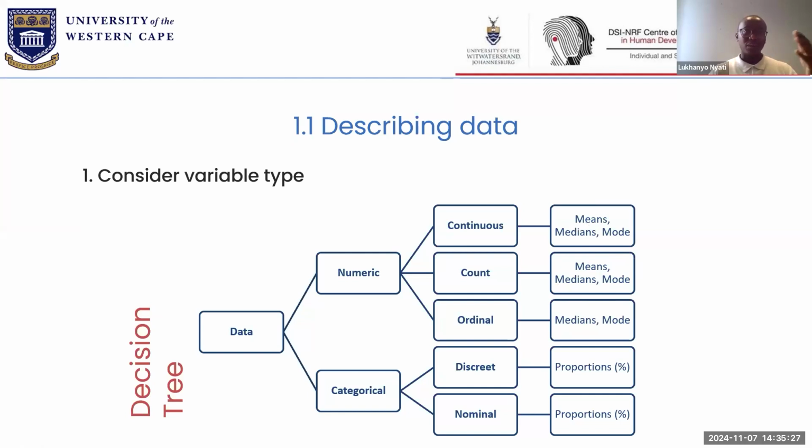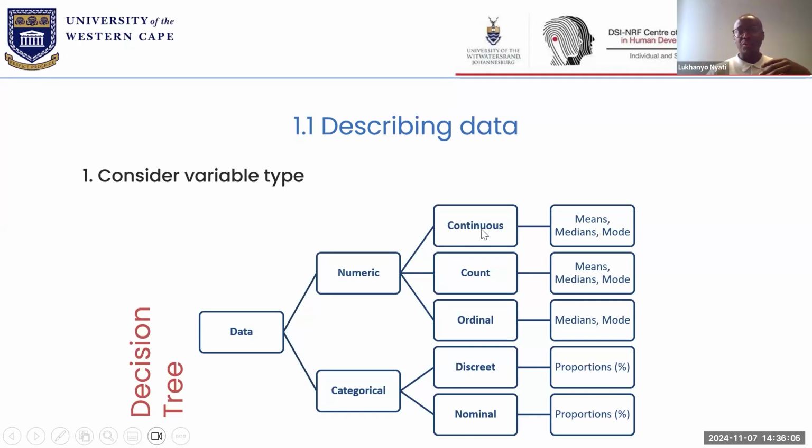Somebody will say, I was diagnosed with diabetes, I was diagnosed with hypertension, and I was also diagnosed with some cardiovascular disease, some cardiac disease. And so you've got 3 different types of disease. So my disease count in that particular case would be 3 because I've got 3 different conditions. Somebody else may have 1 or 0 or 2, and so on. Right. And those can be analyzed, or summarized rather, using a mean or median or mode.